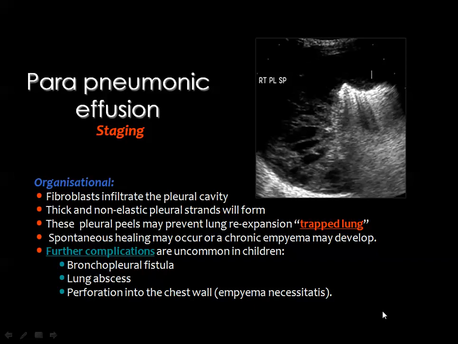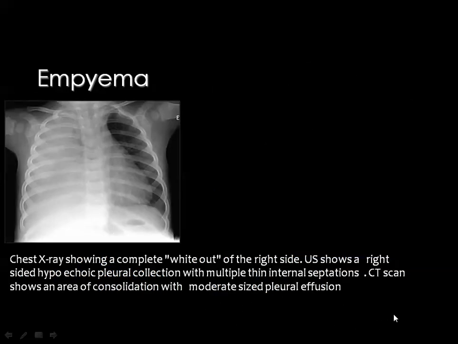Then other complications, which are rare in children, include the development of bronchopleural fistula and the spread to the lung, forming a lung abscess, or perforation into the chest wall, which is known as empyema necessitans.